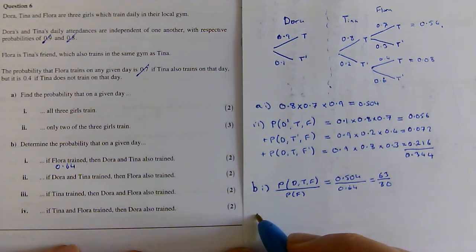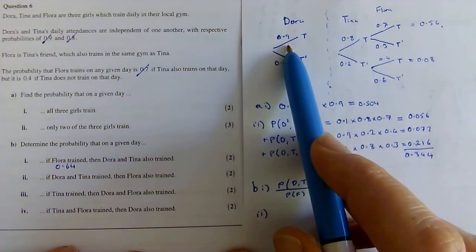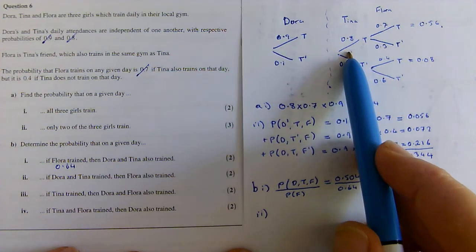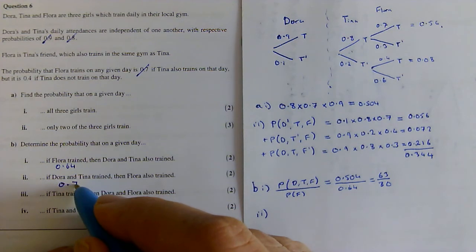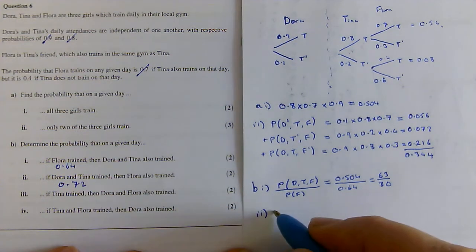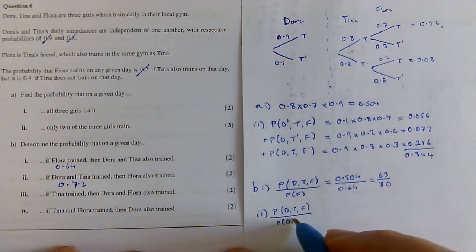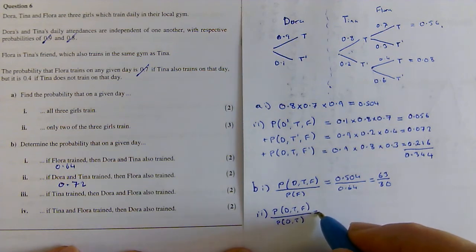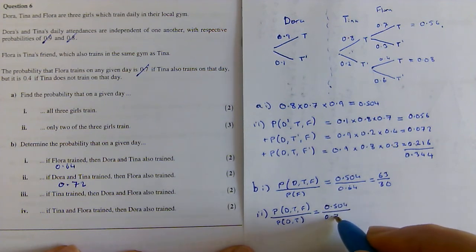For part 2, the probability that both Dora and Tina trained. The probability of Dora training is 0.9, the probability of Tina training is 0.8, so the probability that both train is 0.72. So here we've got the probability of them all training divided by the probability that both Dora and Tina trained, which is 0.504 divided by 0.72.